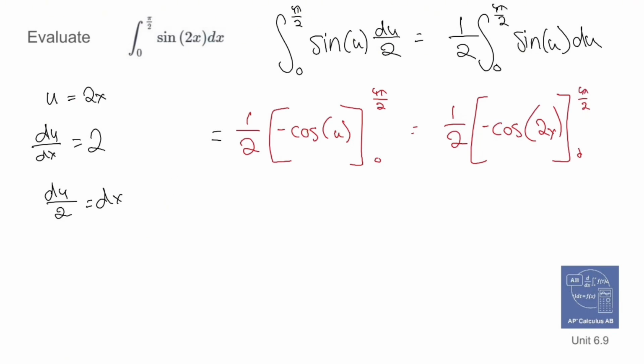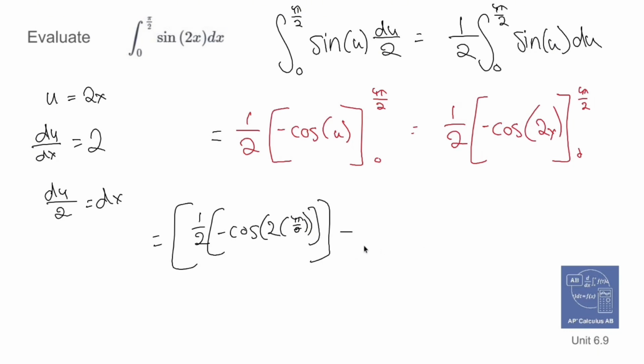Okay, limits of integration, let's make a big bracket. I have 1/2 negative cosine of 2 times pi over 2, close it, bracket it, minus 1/2 bracket negative cosine of 2 times 0, close it, bracket it.